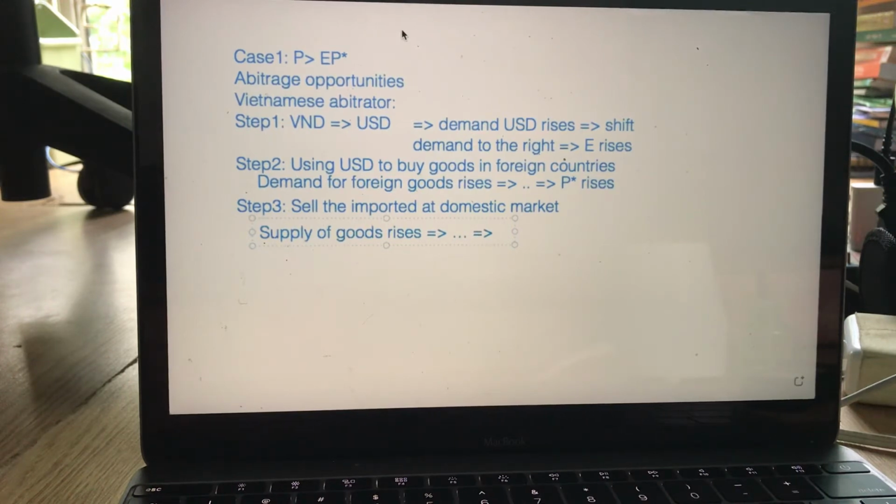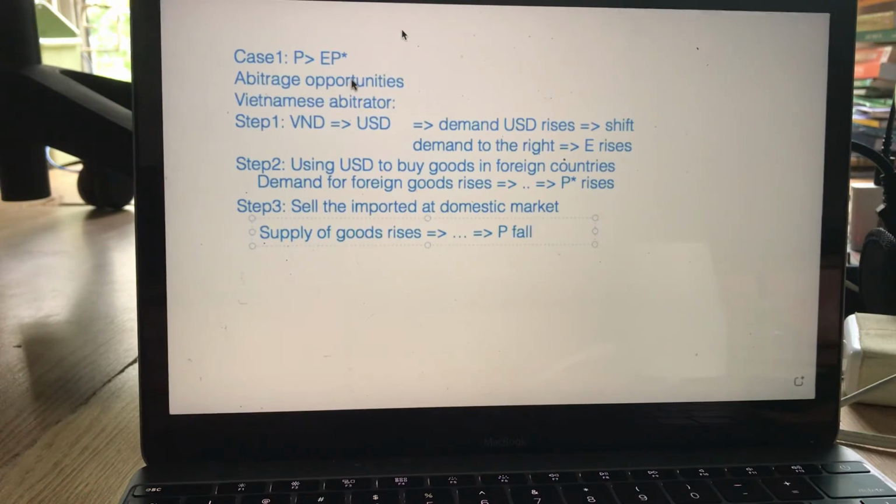The price in the domestic market decreases. Right? Okay. And here we have E, the exchange rate, and P star increase. P, the price of the domestic good, falls, so the result here is increase.